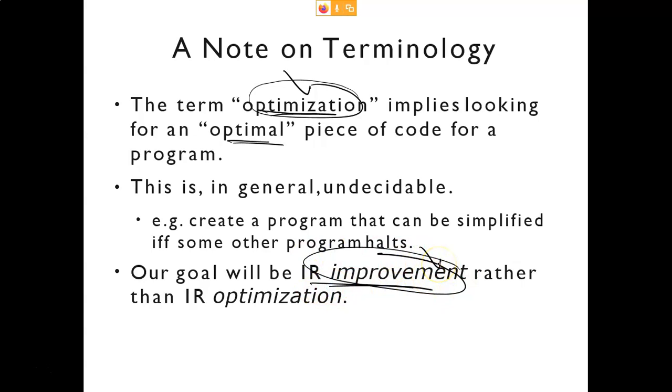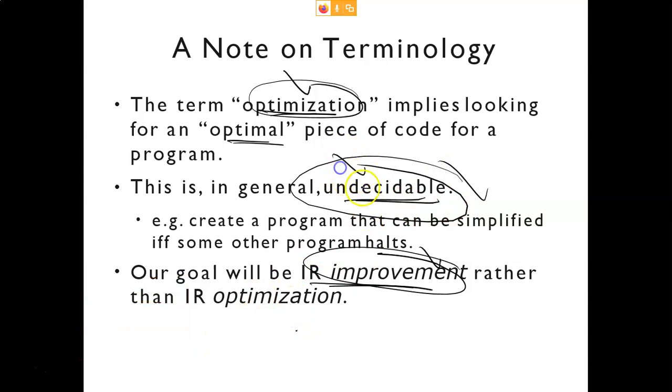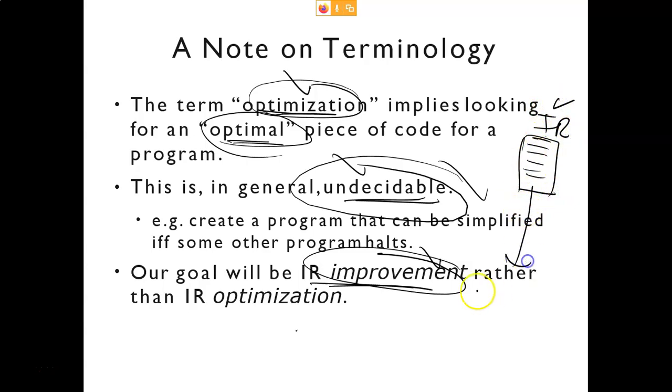We are just improving our code, because this general problem is undecidable. If someone asks you, if I give you some IR representation, can you find the best optimal code from it, then this problem is undecidable. So what we can do is some improvements, some algorithms we have.